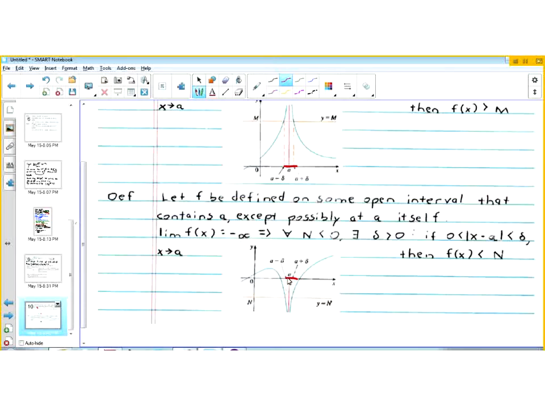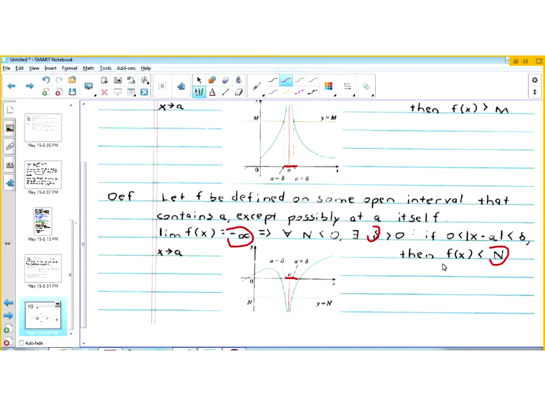That's a definition. Now, how about the limit as x approaches a of f of x equals negative infinity, conversely? All right, so again, we define our interval right there, and if for any choice of x on the interval, except a, of course, the output is less than this negative number n, then this limit holds.